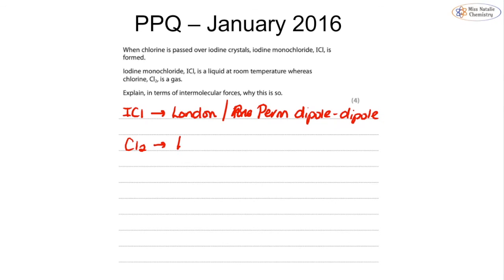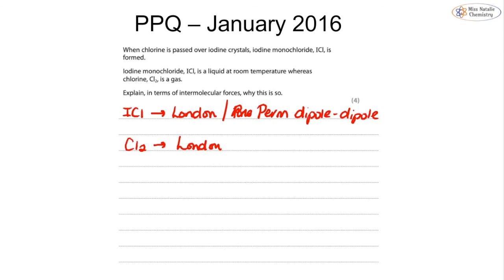So ICl is going to have London forces, but it is also going to have permanent dipole forces, because we've got quite a large electronegativity difference between the I and the Cl. If we compare that to chlorine gas, of course, it doesn't have any dipoles, and it doesn't have hydrogen bonding, therefore it only has London forces.